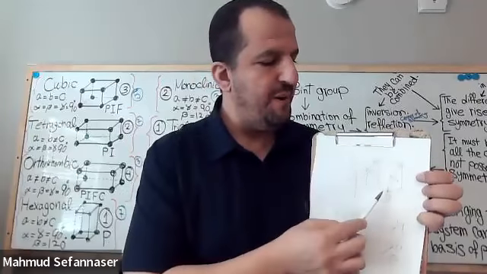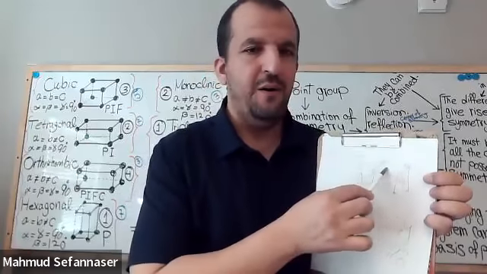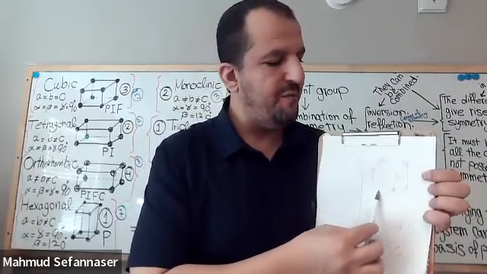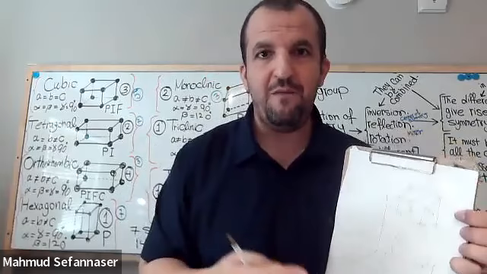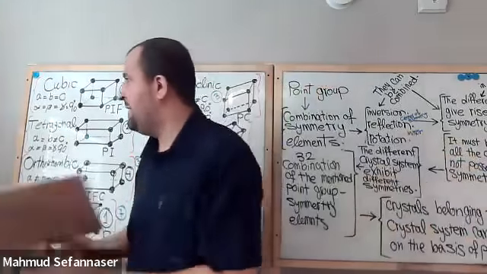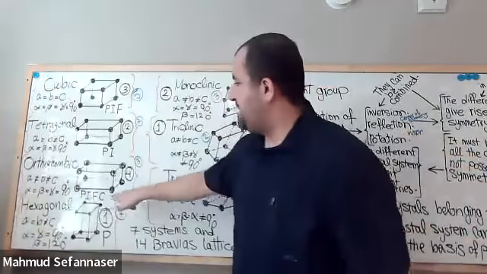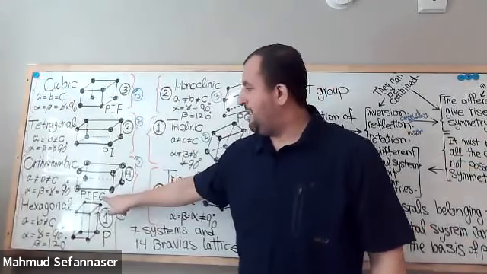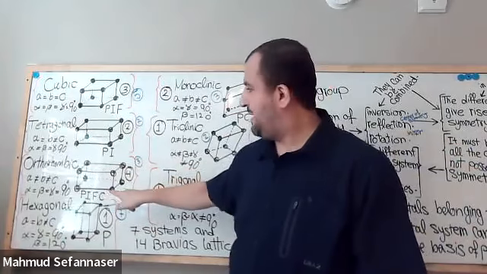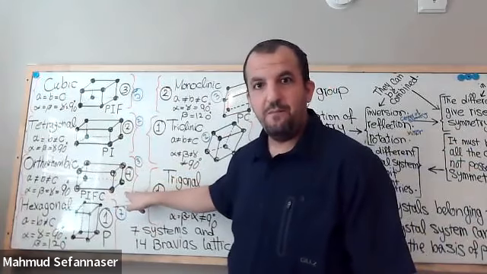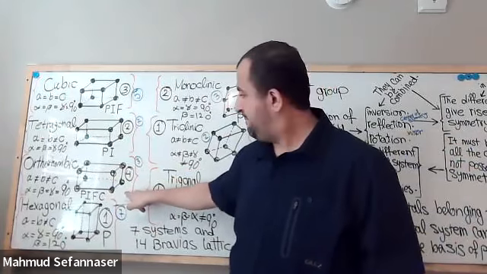It can be one up and one down, one on the top surface and one on the bottom surface. And we know this kind of atoms will have a 1/2 contribution, guys, to the unit cell. So this is what we mean by face-centered. And that's why you can see that the orthorhombic has 4 Bravais lattices.